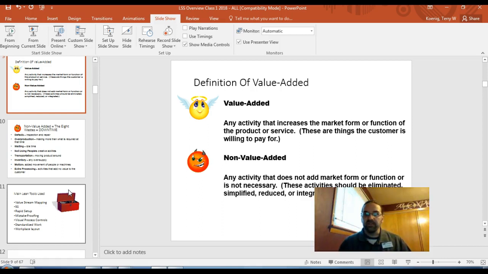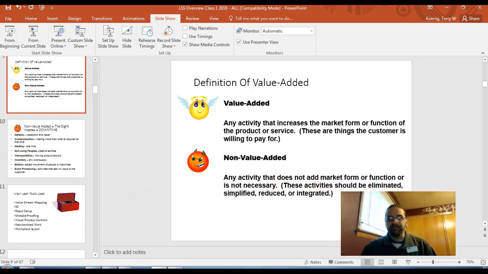You'll hear that again throughout this course and future courses. So definitions of value add and non-value add. So what does that mean? Got this little angel and little devil to tell us about it. So value add is any activity that increases the market form or function of the product or service, things the customer are willing to pay for.